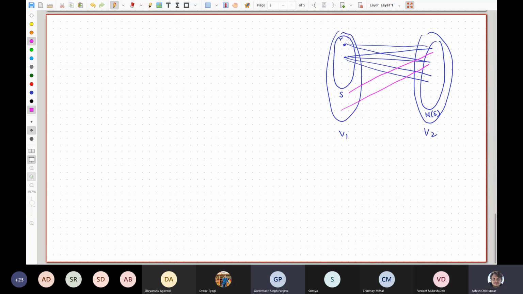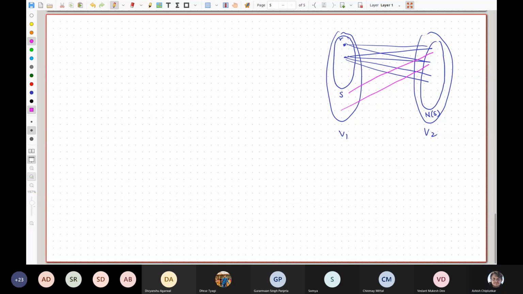That is the critical property that we use to argue that S is at least as large as NS. We said that for any vertex in NS, its partner must be in S. If that property is violated, then we can never guarantee that the size of S is more than the size of NS. Which is why we did this specific construction. By our construction, we ensured that S contains all the partners of everybody in its neighborhood.